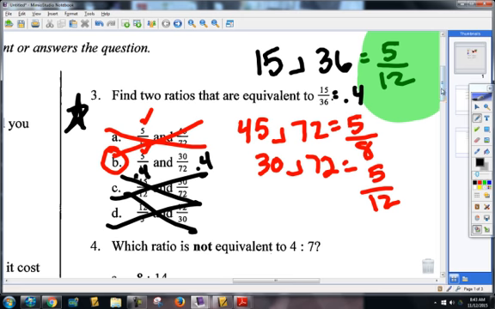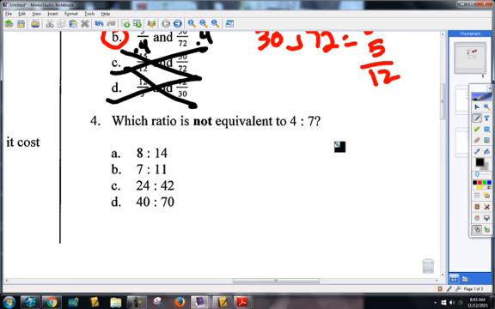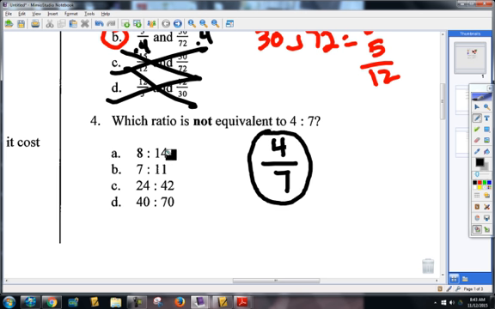Okay, number 4. Again, which one is not equivalent? What I did is I just looked at it and said, well, I can do it 2 ways. I need to simplify this, which is it already in simplest form? Yeah. So I just need to figure out which 3 do simplify to 4 to 7. So I go 8 ABC 14. My calculator says it's 4 to 7.